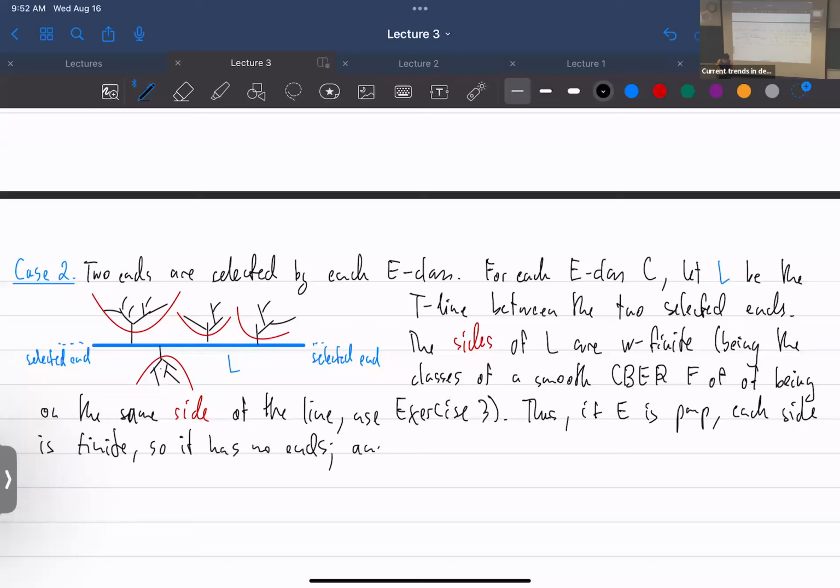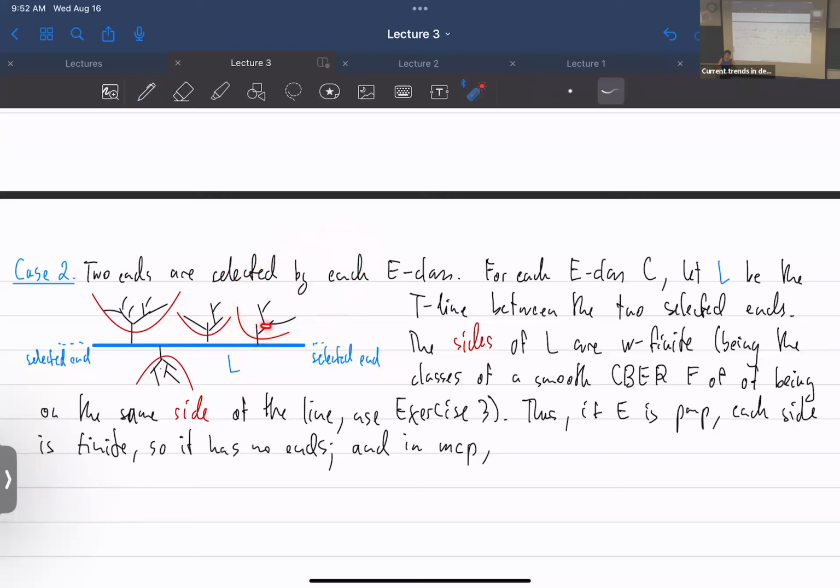More generally, in the measure class preserving setting, all ends of the sides are vanishing, because in fact the whole thing is the sum of them, so everything goes to 0.